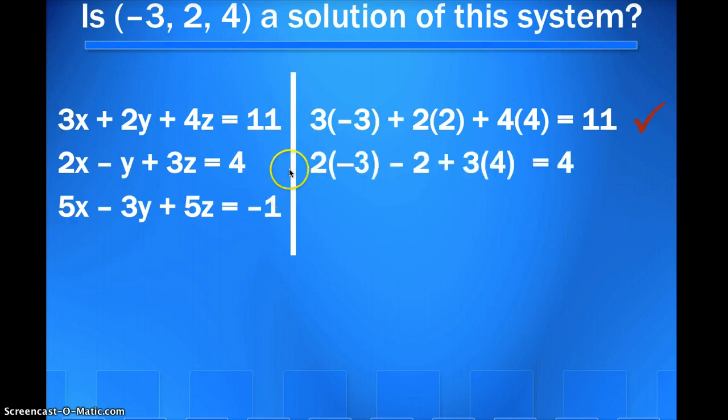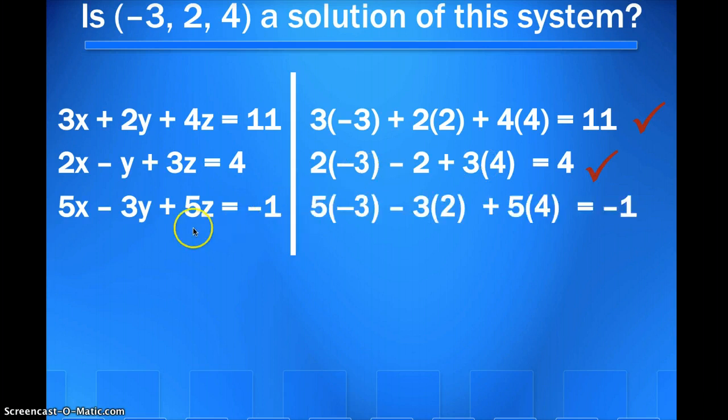Again, we just substitute all the values of x, y, and z that are given. The second one also satisfies and it's true. Then we substitute again on the third one, and again it's true. So that means these values are the solution for this system.